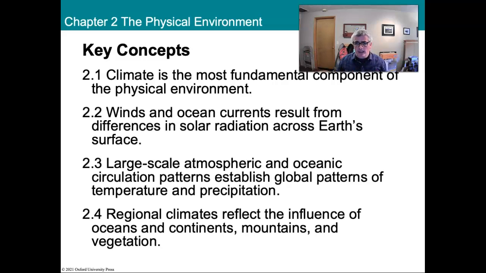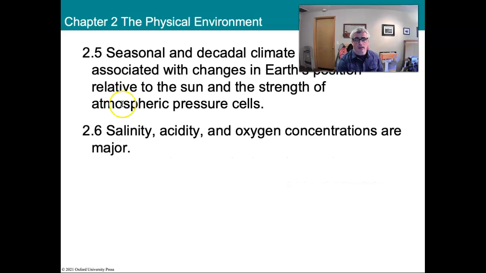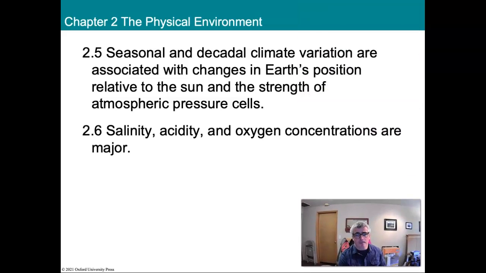And regionally, you can think about how come Western Washington looks different than Eastern Washington, in the context of the way that continental and oceanographic forces play out between Eastern and Western Washington. And these seasonal and decadal climate variations are associated with both.